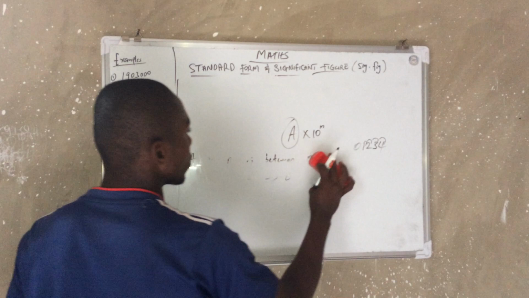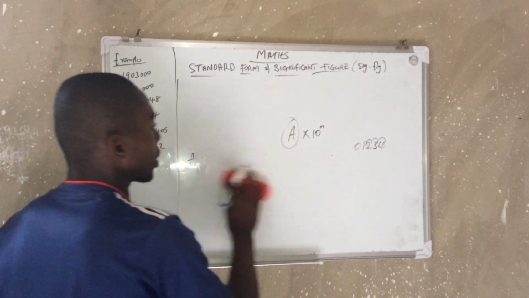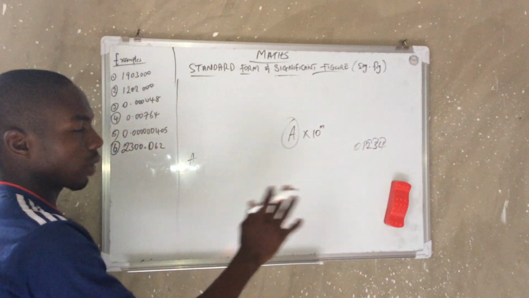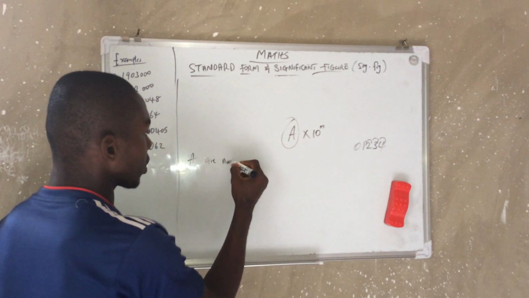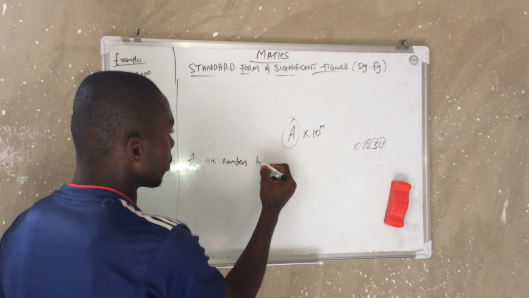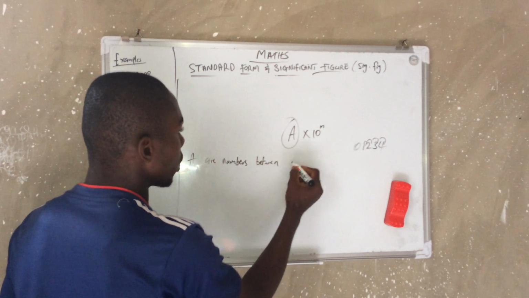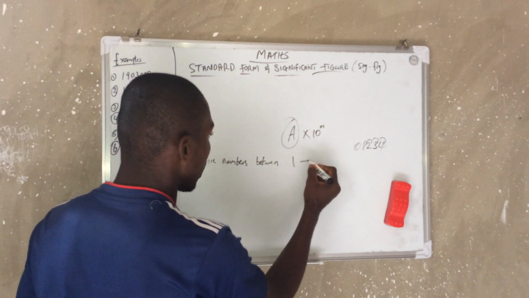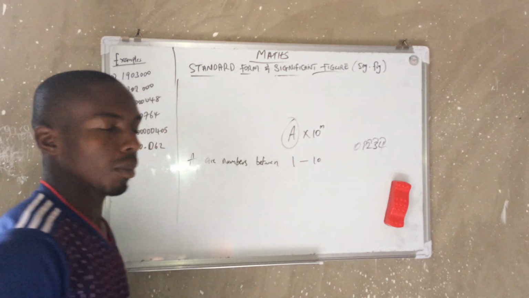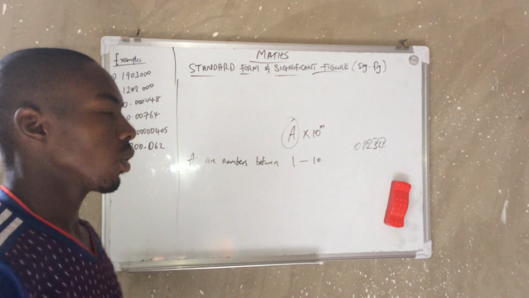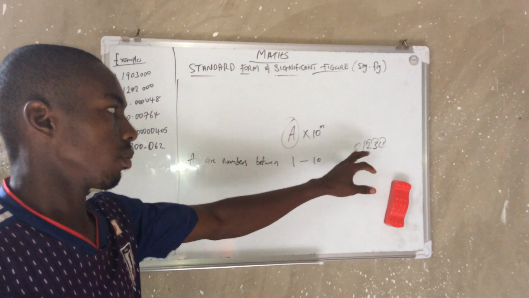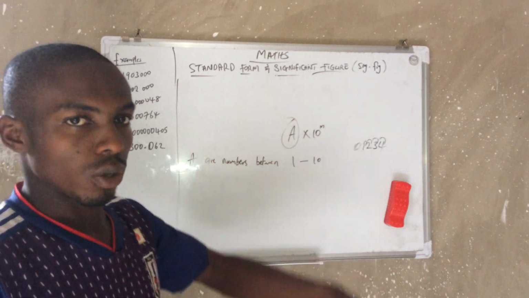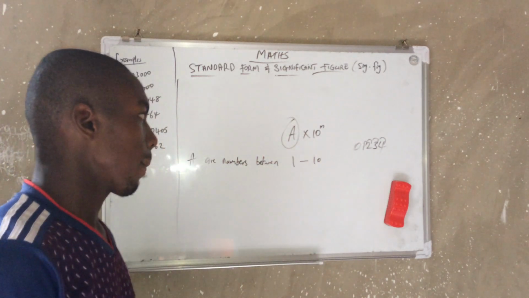So, to avoid that kind of thing, we can now say that A are numbers between 1 and 10. By so doing, you've excluded what? The casualties of having zero in your number.